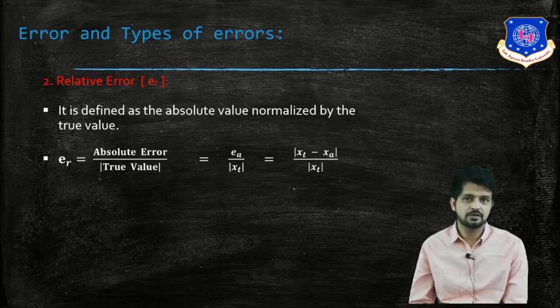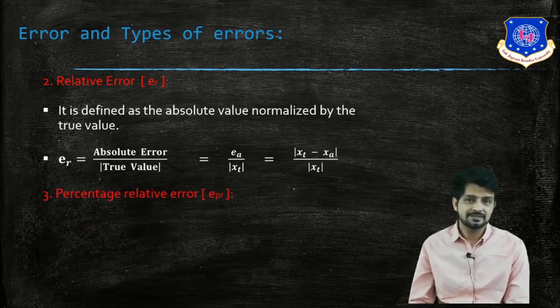True value is xt. So it can be written as EA upon xt. But what is EA? EA is the absolute error, and it can be given as |xt minus xa| divided by xt. So this is about relative error.